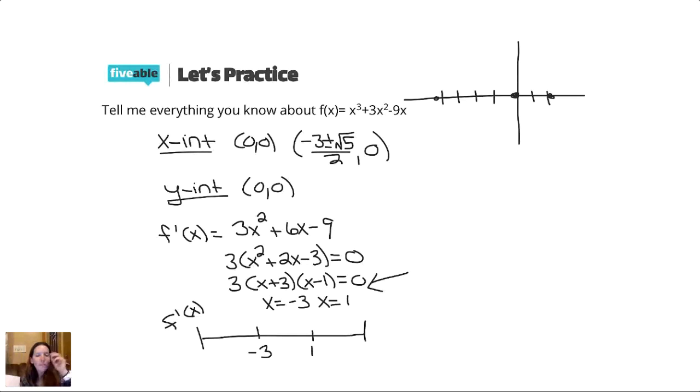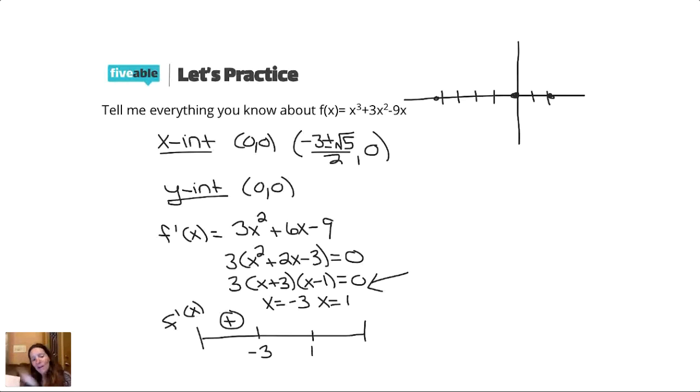So if I plug in -1,000,000, I have 3, that's positive. -1,000,000 plus 3 is some really negative number. -1,000,000 minus 1 is also a negative number. So I have 3 is positive times a negative overall gets me a positive number.